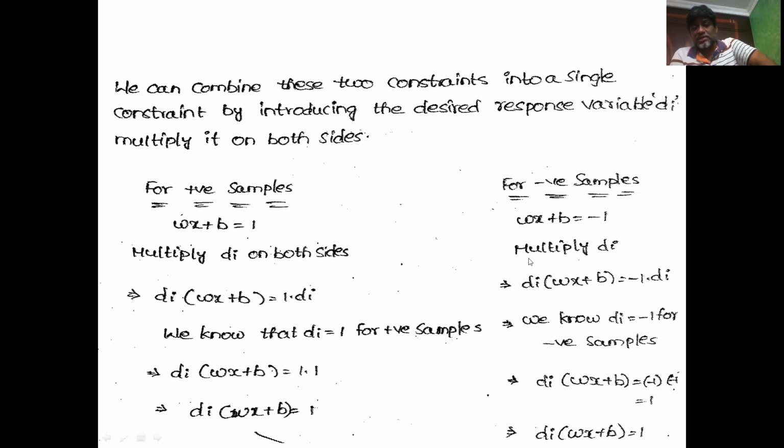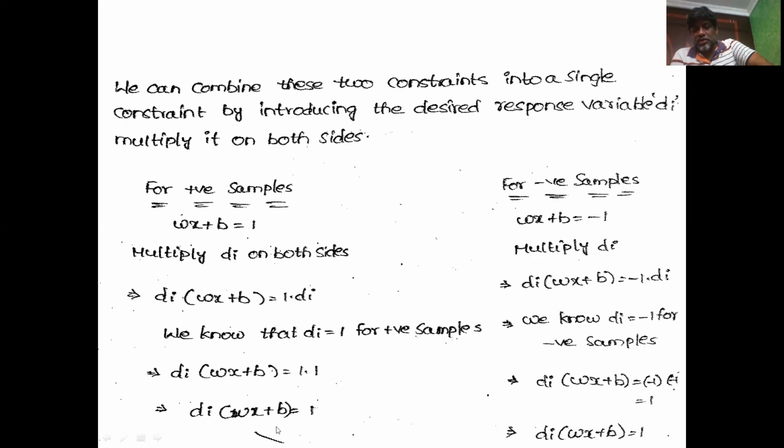Similarly, if we multiply di for the negative equation also, you get di(wx + b) = -1 into di. The desired response for negative samples is -1. So if we substitute -1 for di, it is -1 into -1, that becomes 1.